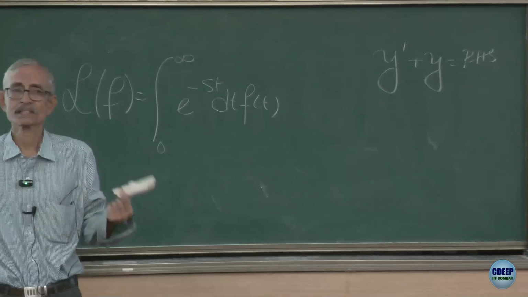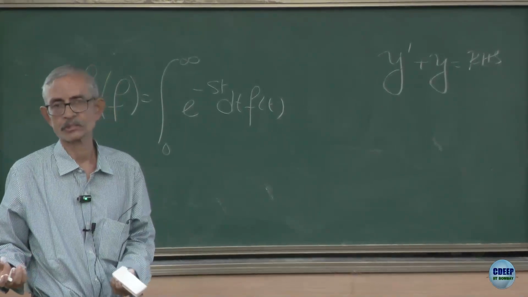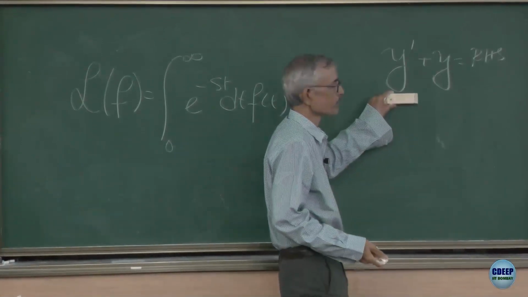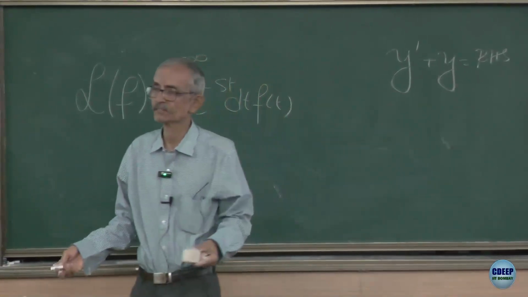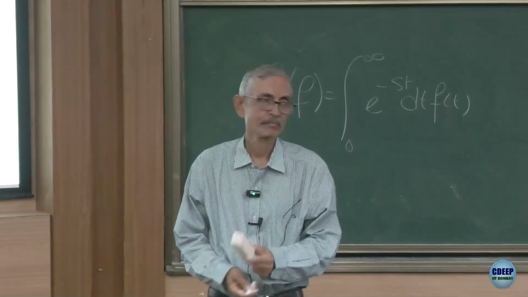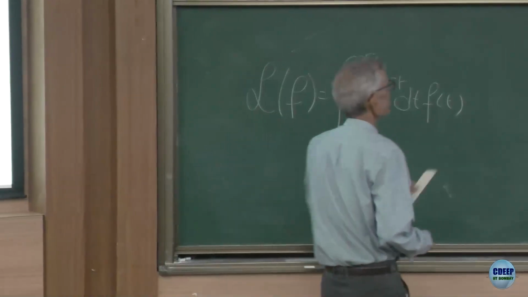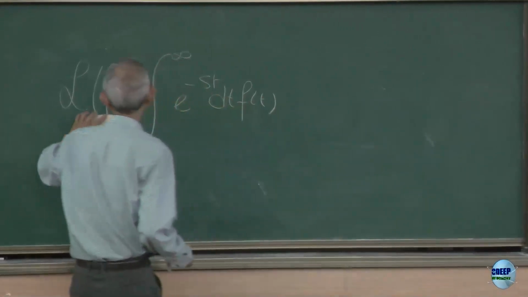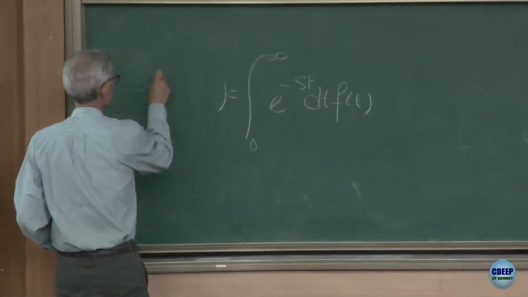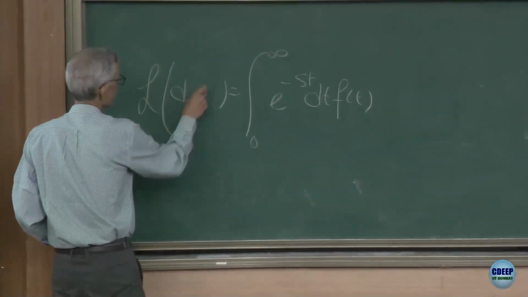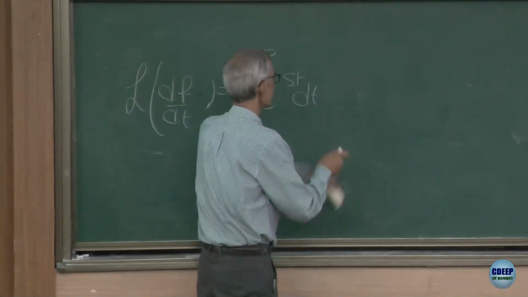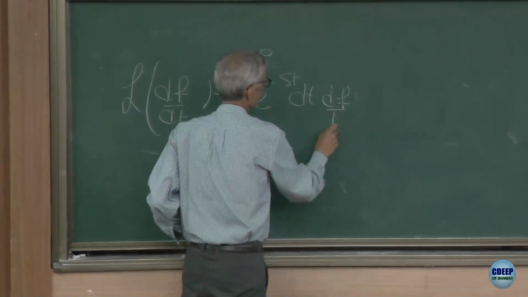I would like to take the Laplace transform of this equation, which means that I need to know what the Laplace transform of a derivative is, right? Okay, so let's see what the Laplace transform of the derivative looks like. Okay. So I have Laplace df dt. Okay. So I make this df dt.